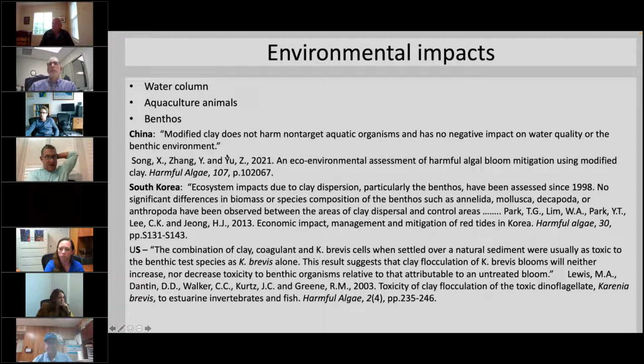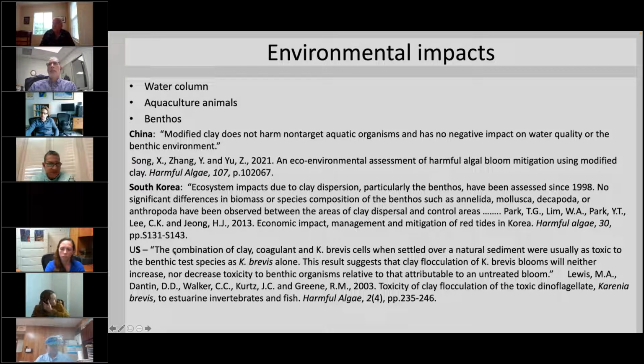That's after many, many studies. Korea, they have been assessing impacts since 1998, and they're not seeing any significant differences in species composition, biomass, or health of all these different benthic organisms, between the areas of clay dispersal and control.